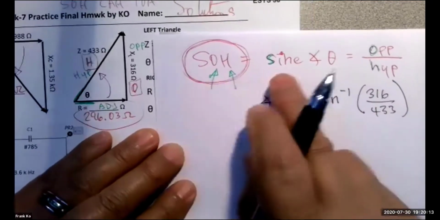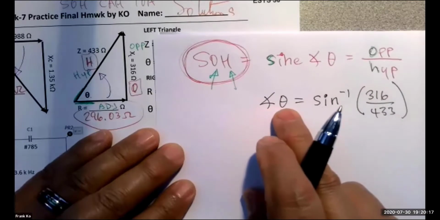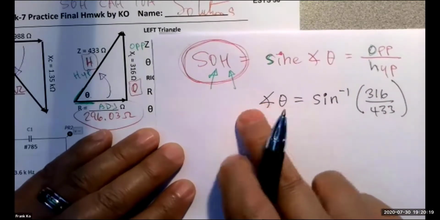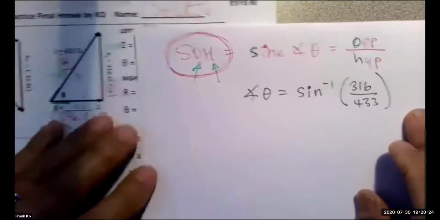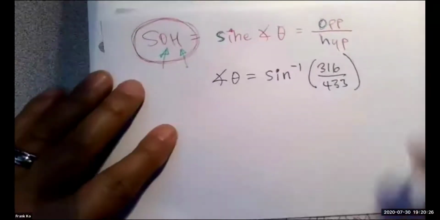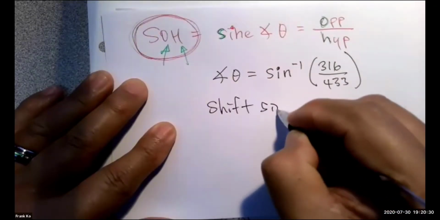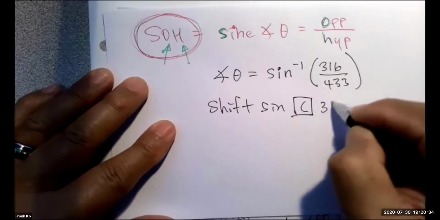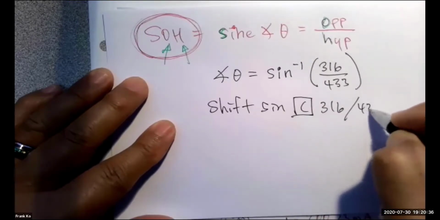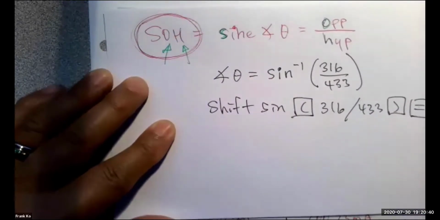You're going to write out the equation that SOH tells us to write, filling in the equation and shifting the trig function to the right-hand side. Now we have to key this into the calculator. So when we key this into the calculator, this will be shift sine to give you the inverse sine function, open parentheses, 316 divide by 433, close parentheses, and hit equals.